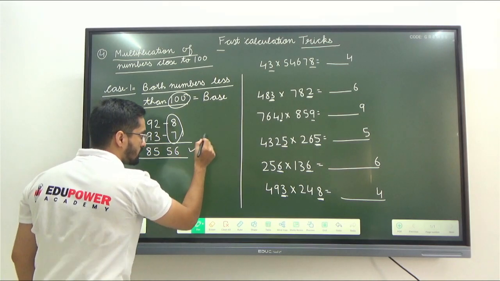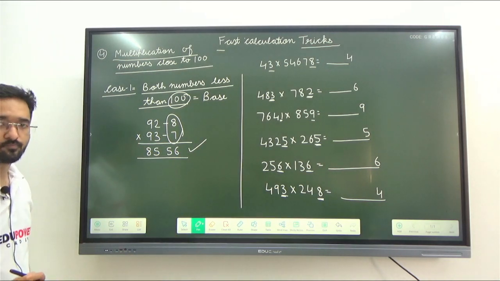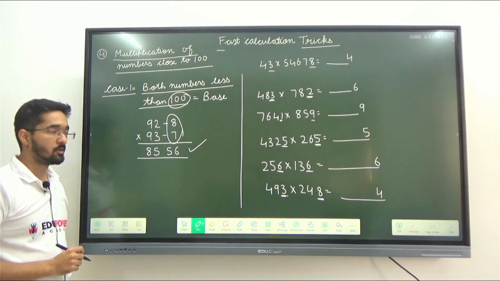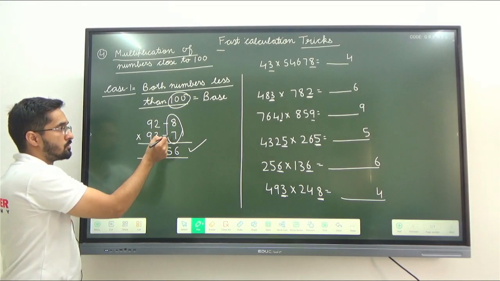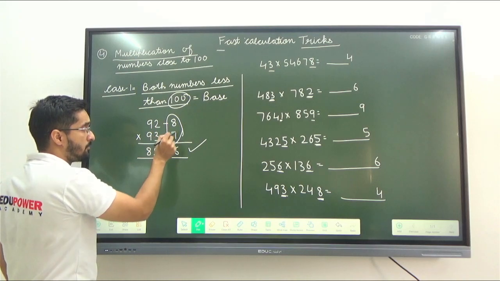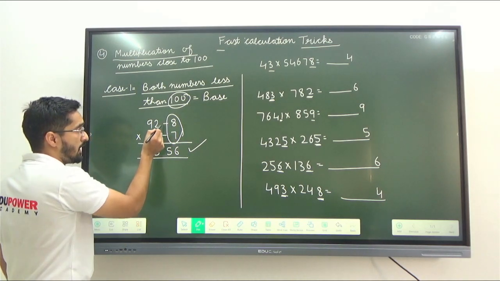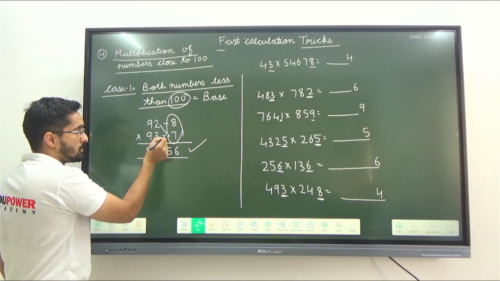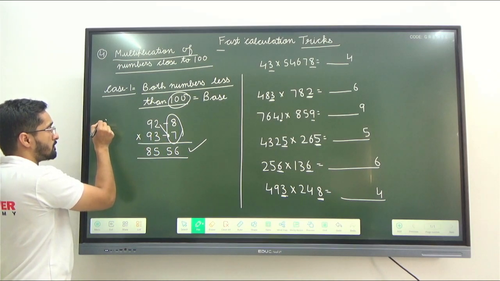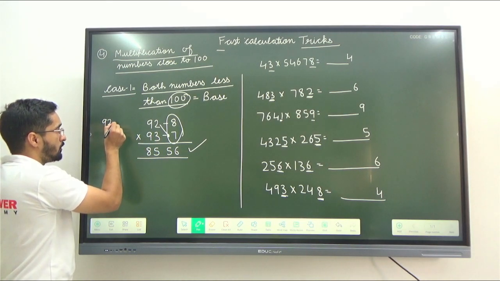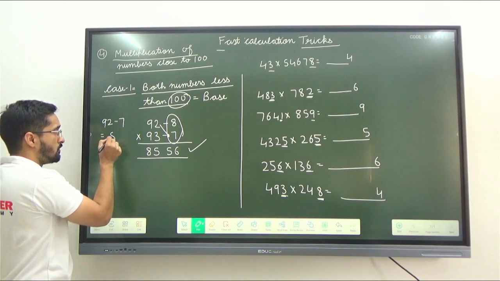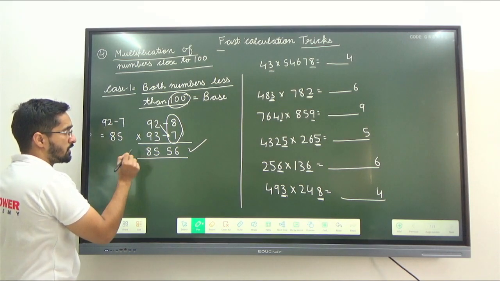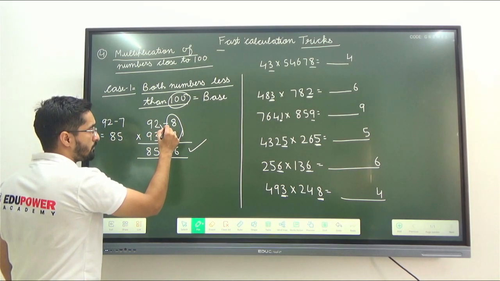This is your answer, 8556. So 8 into 7 you multiply to get 56, and then 92 minus 7 gives 85.